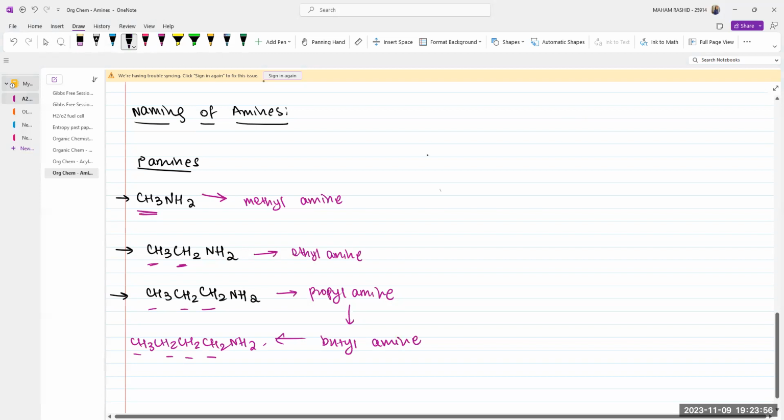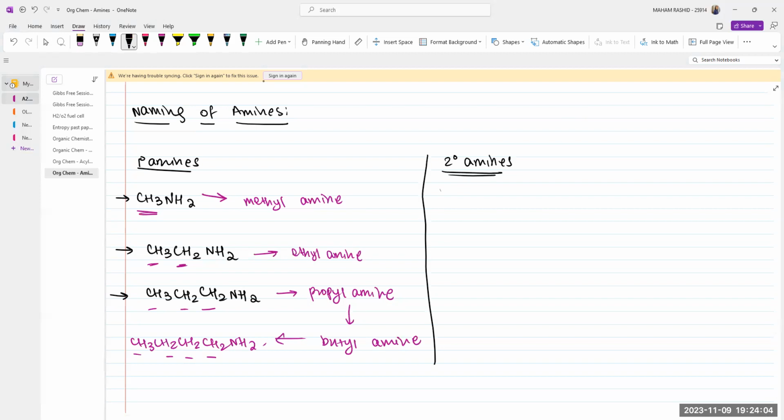Now we move on to secondary amines, where we could have CH3, NH, again CH3. We could have CH3, NH, CH2, CH3.